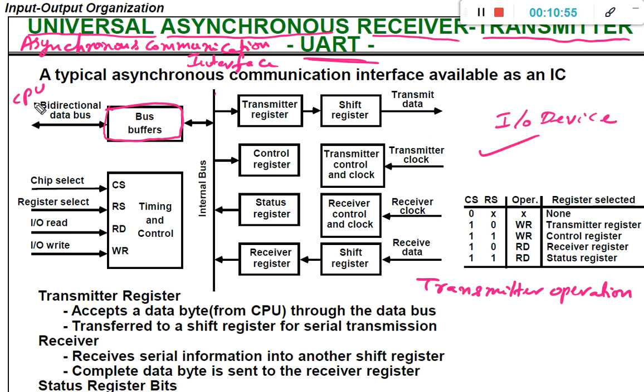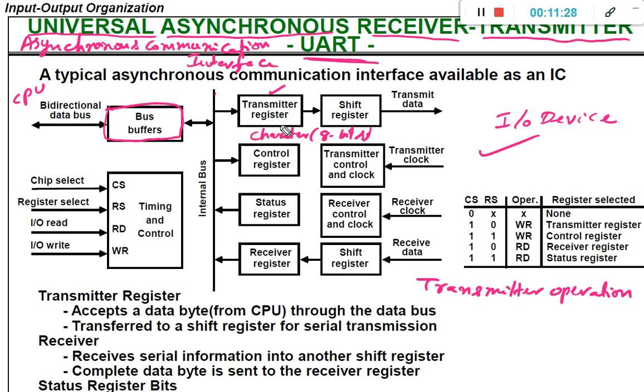Initially, from the CPU register, the data will be transmitted to the transmitter register. Now the data is available in the transmitter register. What is the data? We discussed previously, the data is a character which will contain 8 bits. So this transmitter register now contains the character which contains 8 bits.